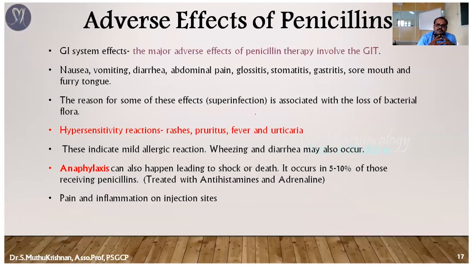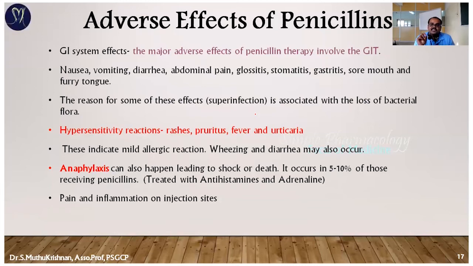Then I want to give some basic adverse effects of penicillin. We know that penicillin is a fungal product. It was discovered from Penicillium notatum and chrysogenum. We take the fungal product to eradicate microbes.